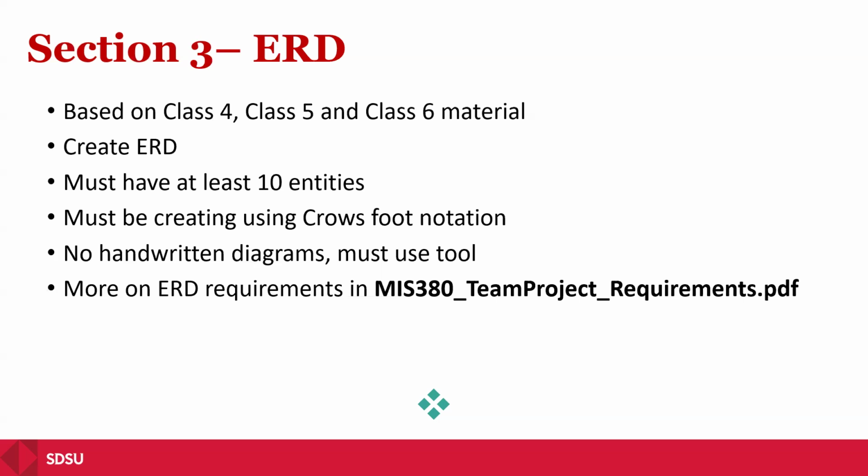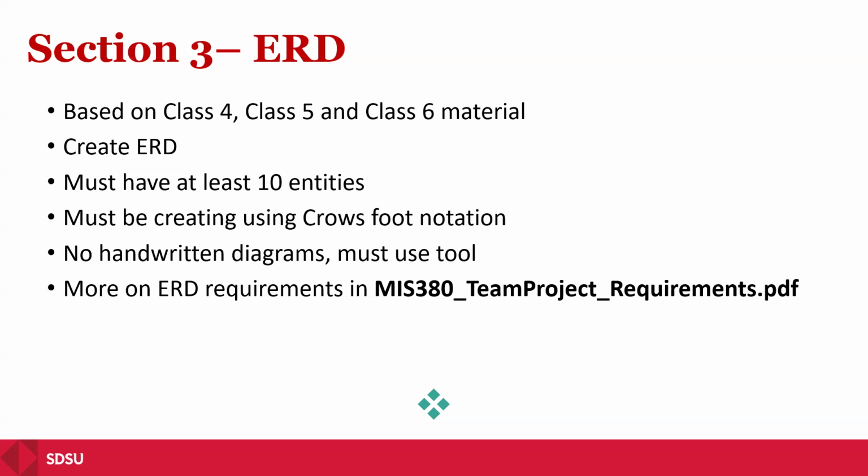There are a lot of requirements on what your entity relationship diagram must have. For example, it must have one strong entity, one weak entity, and one supertype with at least two subtypes. You must have a many-to-many relationship. You must have one-to-many, unary, binary, and so forth. For more details on what kinds of entities and relationships you must include, please refer to the team project requirements document, section 3.